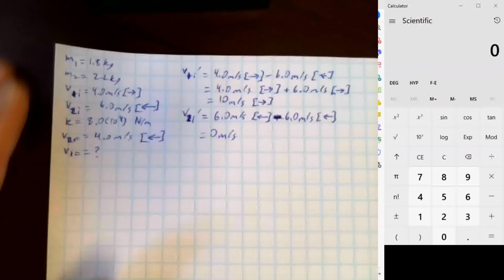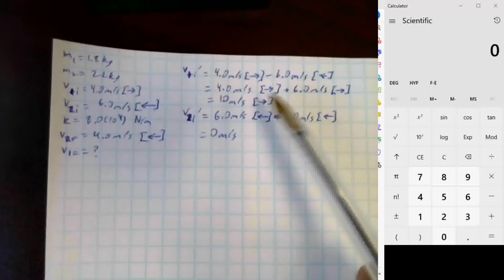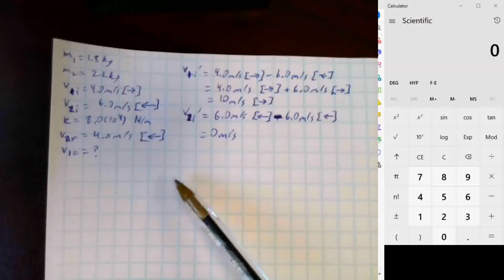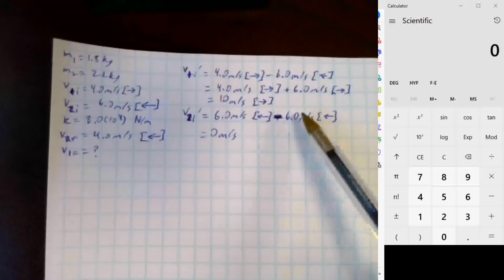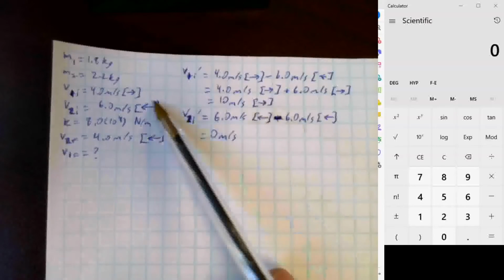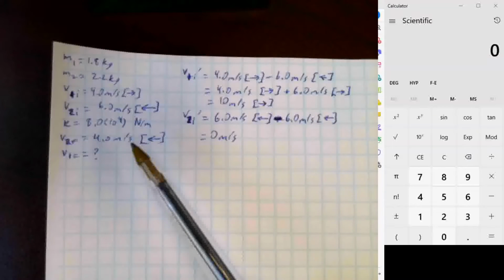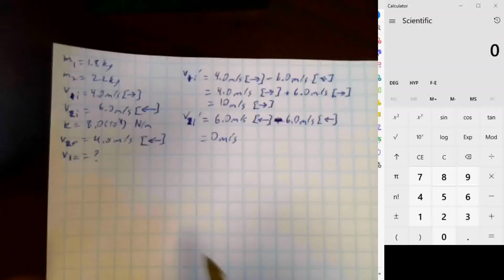Now for this question, because we're mostly to the right, I'm going to take right as positive and left as negative for the rest of this question. And we'll only report those directions at the end. And you'll notice the one way I like to do right and left is with an arrow pointing to the right or an arrow pointing to the left in square brackets. You can do any way you'd like. You can put R's and L's, but that's one way I like to do it.